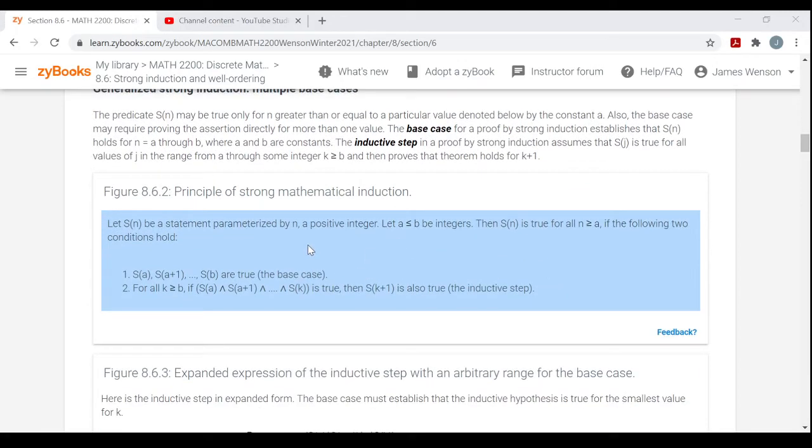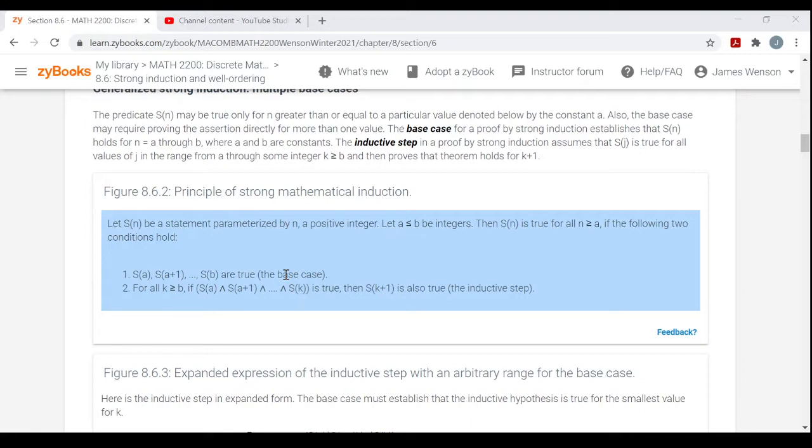So here's the principle of strong mathematical induction. Let S of n be a statement, parameterized by n, a positive integer, and a statement about the integers. Let a be less than or equal to b be integers. Then S of n is true for all n greater than or equal to a if the following 2 conditions hold.